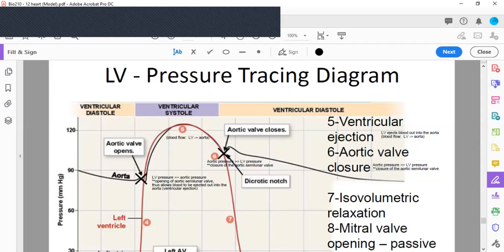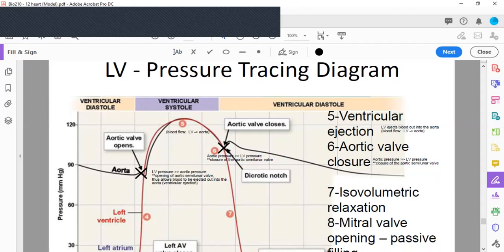All right. Now, let's continue down here, number 7. You can see that there's a decrease in the pressure of the ventricle.